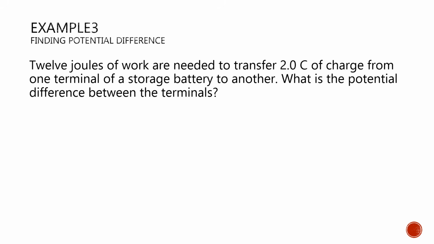So the change in potential in terms of work is W over Q. So just divide the amount of work, 12 joules, by the two coulombs of charge, so that's 6 joules per coulomb or volts. So the potential difference between the terminals is 6 volts.